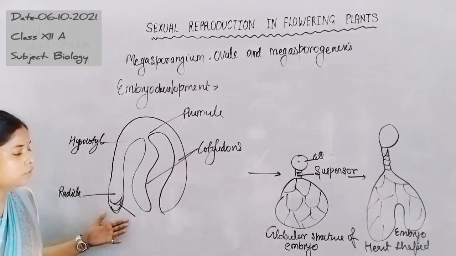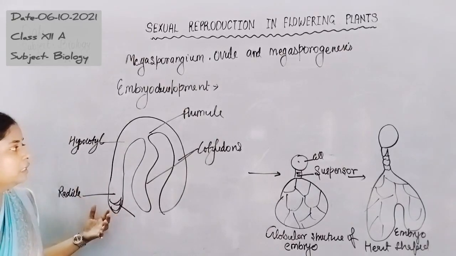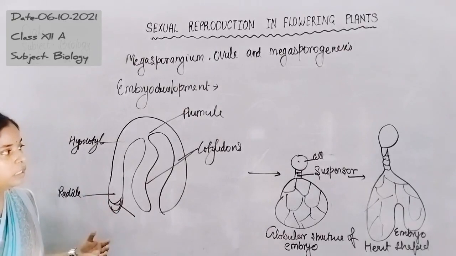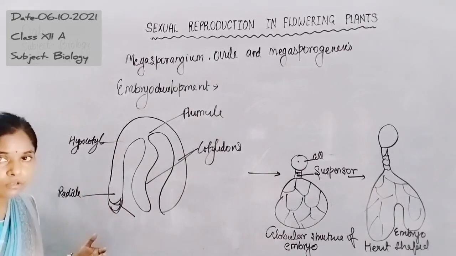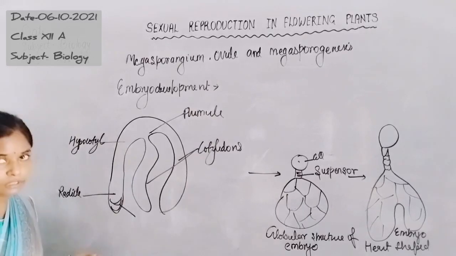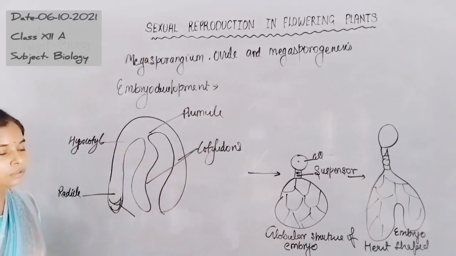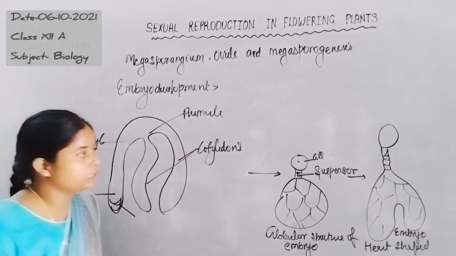Whenever the seed grows in the absence of sunlight, hypocotyl elongation takes place in search of light for photosynthesis, so that the plumule will form the shoot apical meristem.